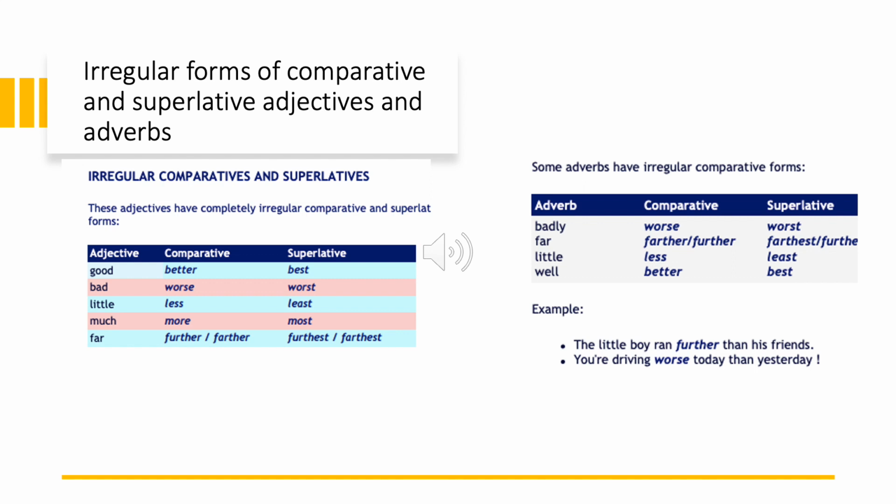Most of the adjectives and adverbs form the comparative and superlative degrees with the addition of the suffixes er and est. But this is the case mainly with single syllabled adjectives and adverbs.